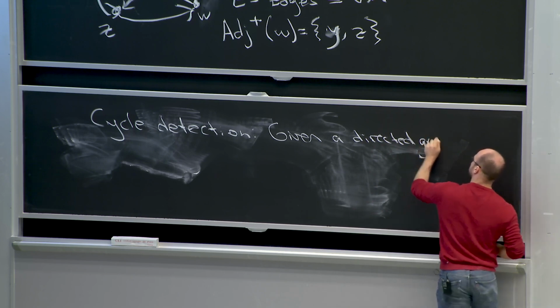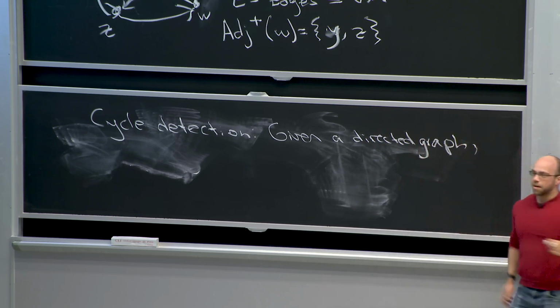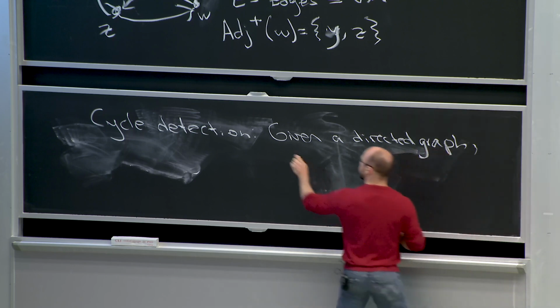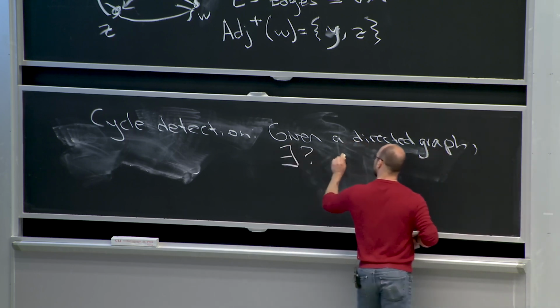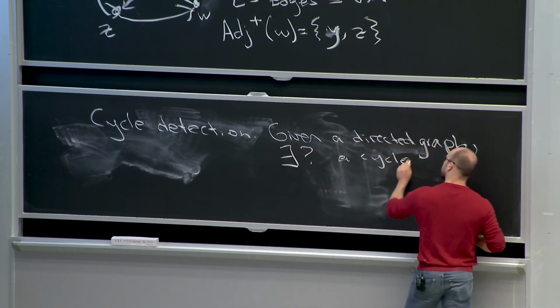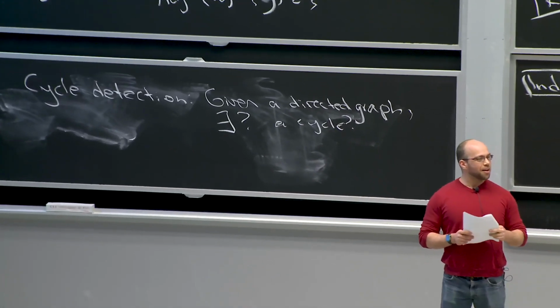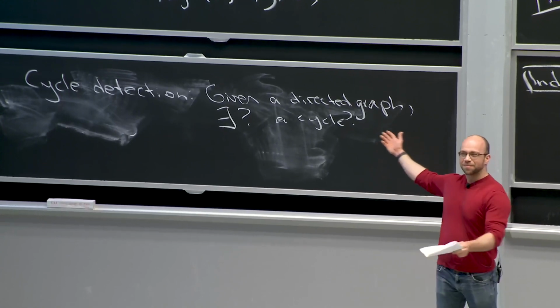There's a G in graph, in case you're wondering. But now we don't know if it's a DAG or not. And so the question that we're trying to ask is, does there exist a cycle in our graph? We're just given our graph and we want to know, can we do this?